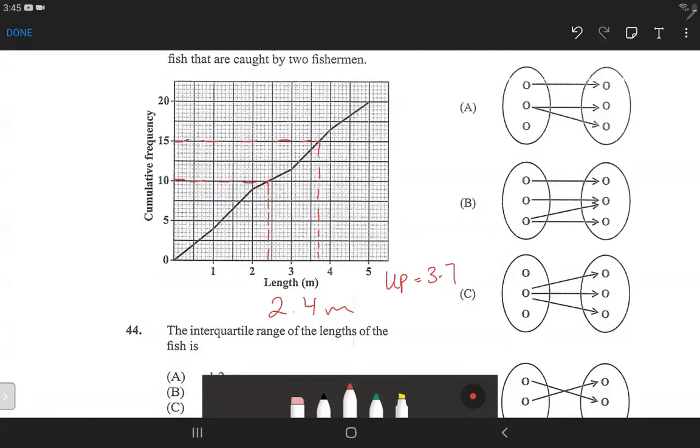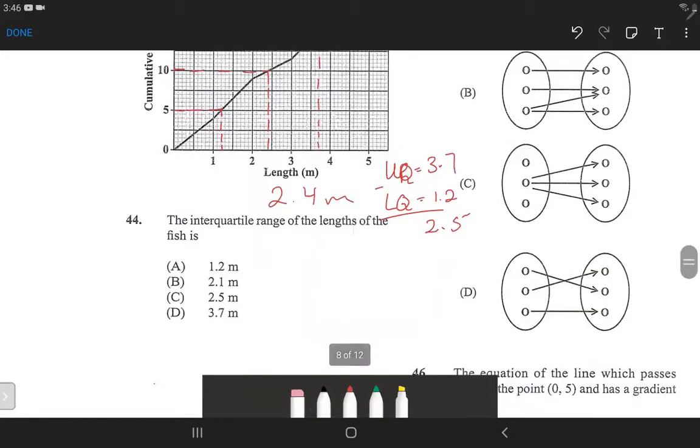The lower quartile, which is right here, is 1.2. So upper quartile minus lower quartile, subtract them and you'll get the interquartile range. That happens to be 2.5. Do we have a 2.5? Yes, we do, right here.